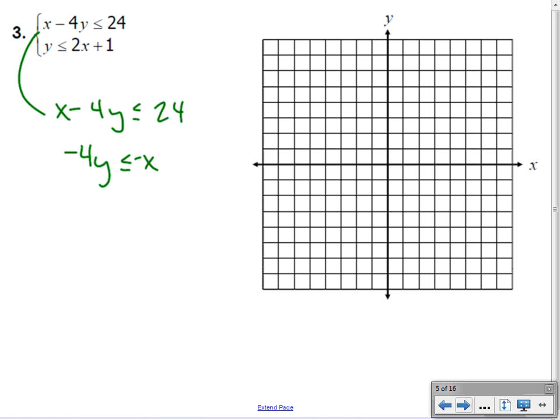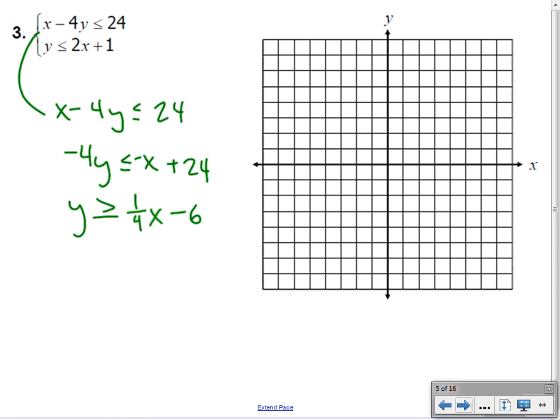So -x plus 24. And then we're dividing both sides by -4. But you've got to remember, when we are dividing by a negative number with inequalities, we have to flip that symbol. -1x divided by -4 turns into +1/4 x. And 24 divided by -4 gives us a -6.